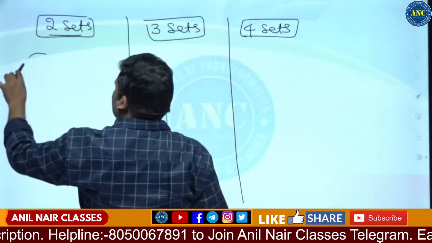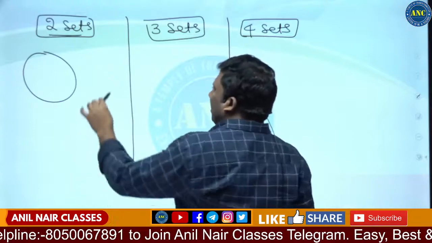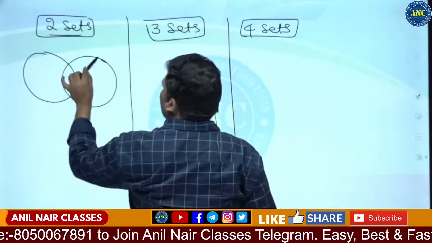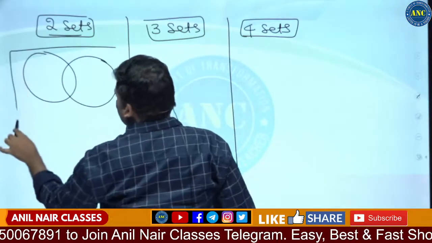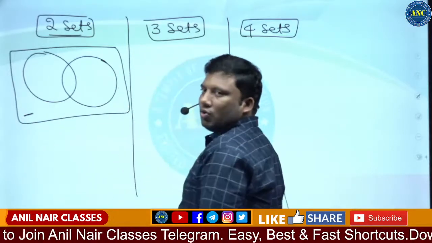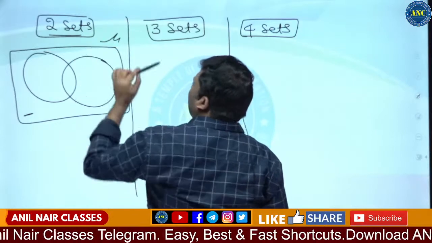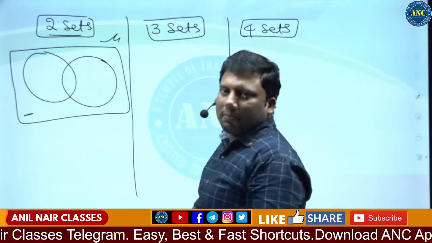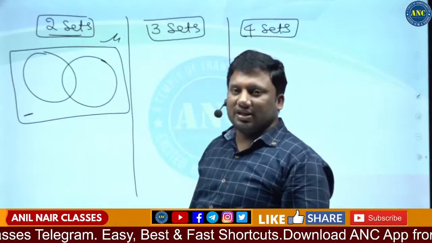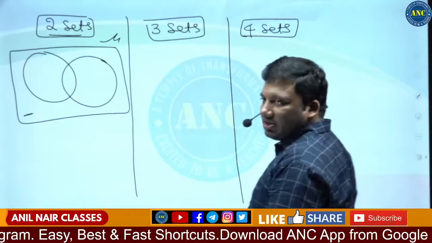There is a set of students who like cricket. There is a set of students who like football. There is a set of students who do not like any. Mu represents the total number of students in the class. Now listen carefully.